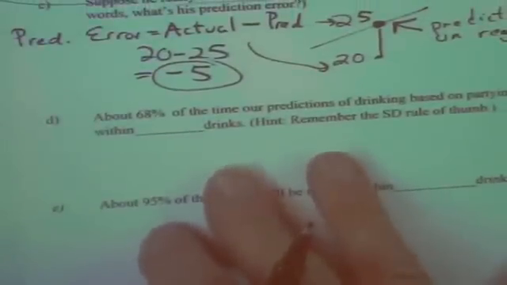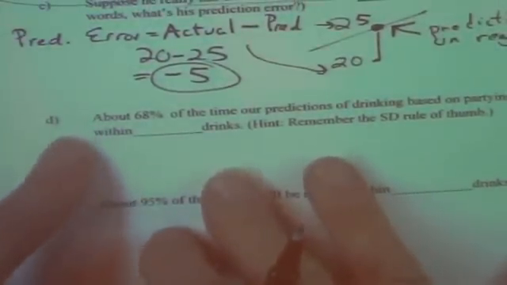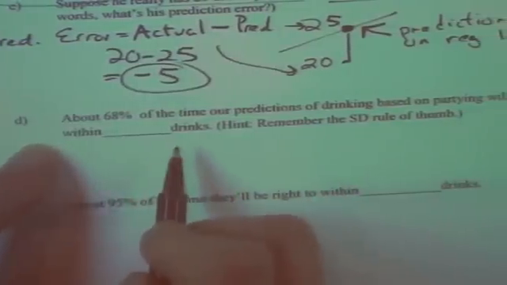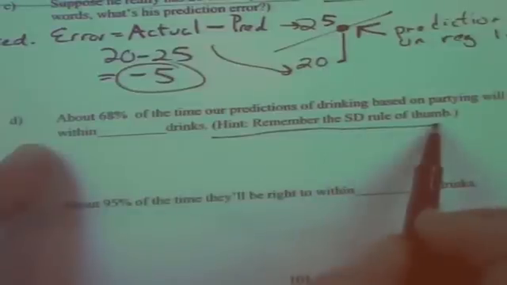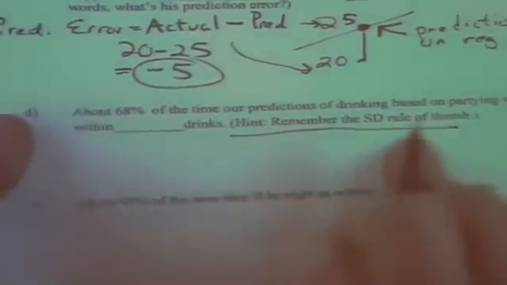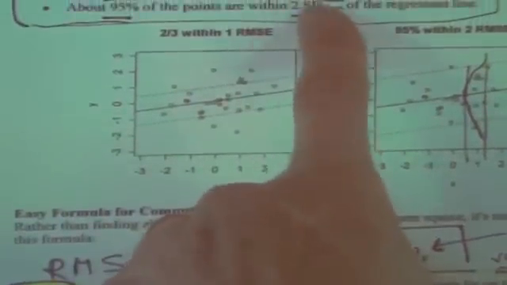Now, about 68% of the time, our predictions of drinking and partying will be right to within what? Hint. Remember the standard deviation rule of thumb. I don't expect you to remember this right off the bat, but it was this, that about 68% of the points are right to within one root mean square error.